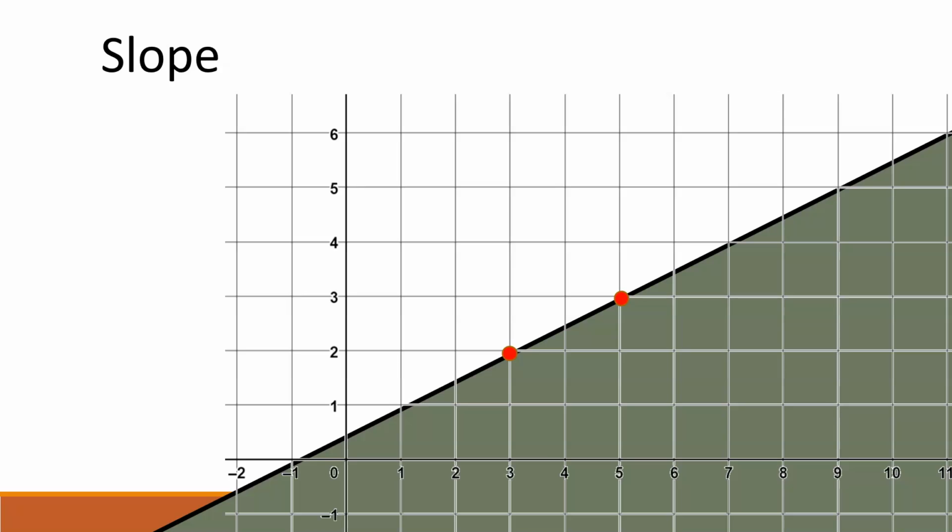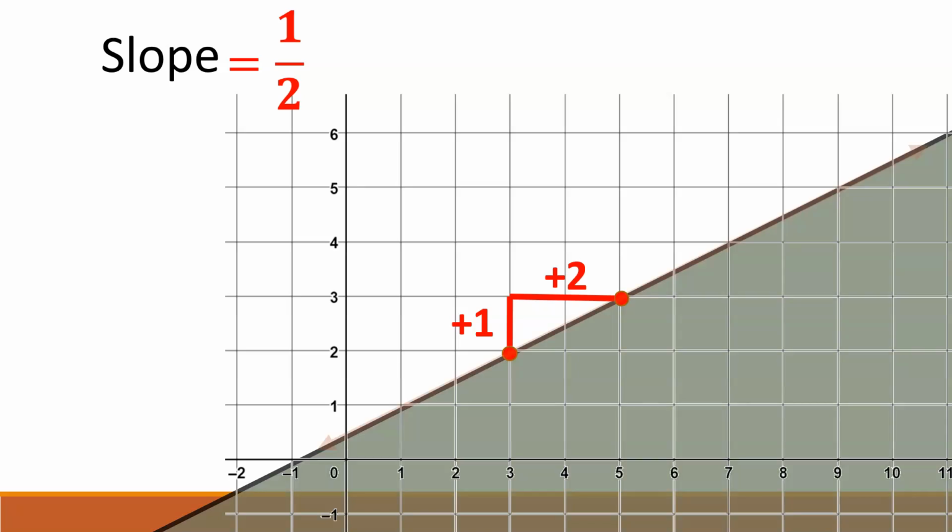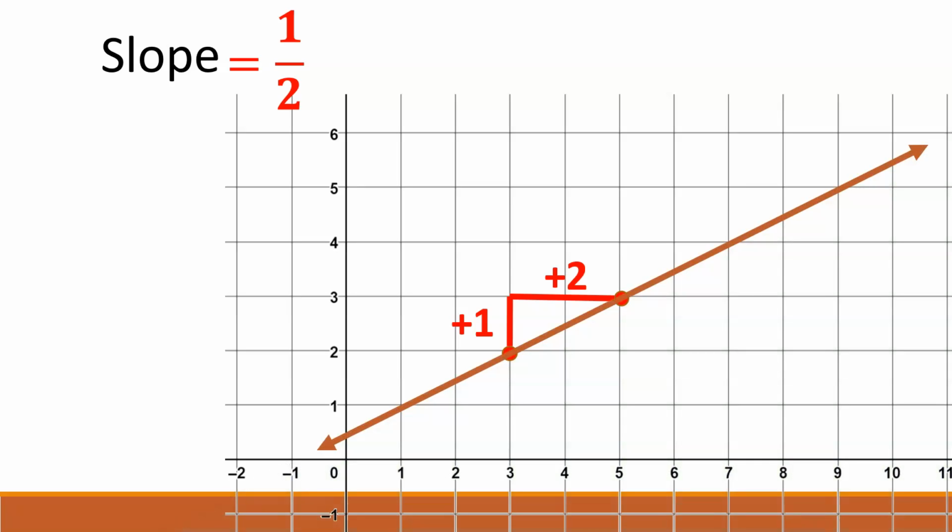We'll measure the vertical change between the 2 points and the horizontal change between the 2 points. So the vertical change is 1, the horizontal change is 2, and if we make a ratio, a fraction out of those two, the vertical change over the horizontal change, we'll have a number that describes the slope of the road, in this case, the slope of the line.